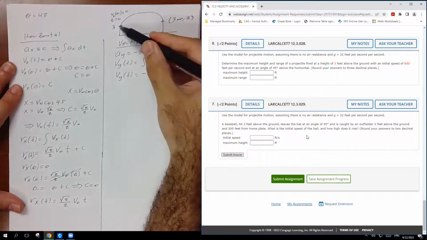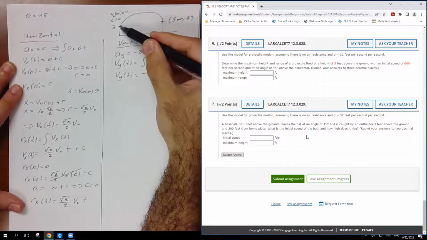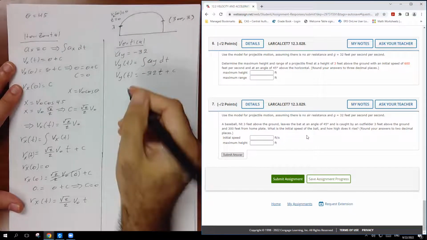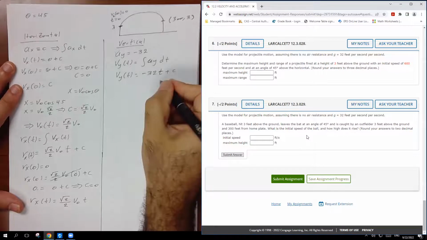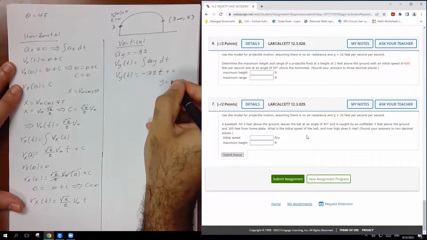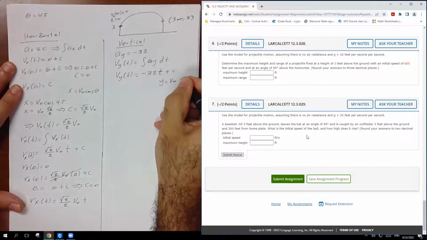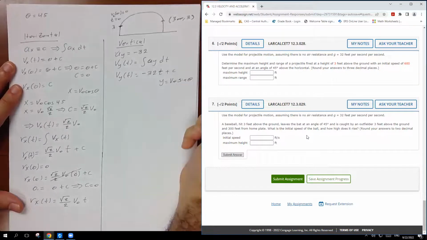Let's go back here. Now with the initial, the same thing, we're going to use the formula to find the y. It's v naught sine theta at the initial point.